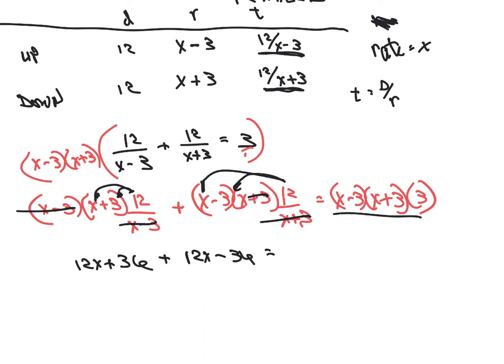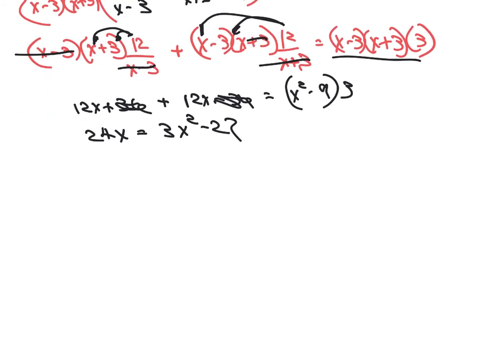X minus 3 times x plus 3, that is the difference of two squares. So let's go ahead and put that there, times 3. So that gives us 24x. The 36 is crossed out. And let's distribute that on the right. And then I can start bringing things together.